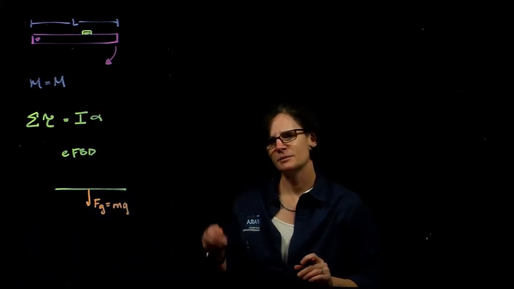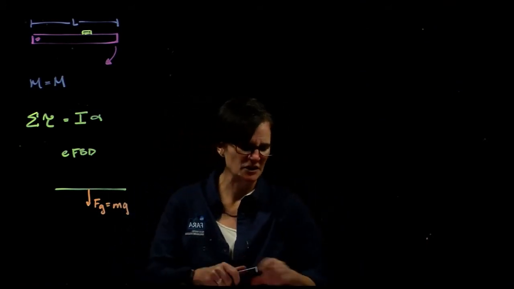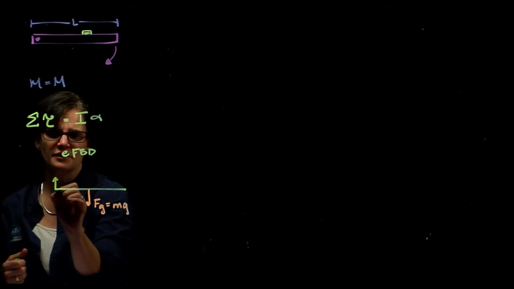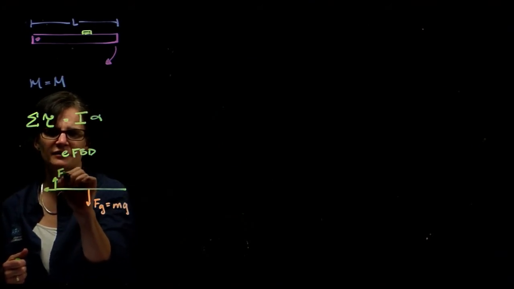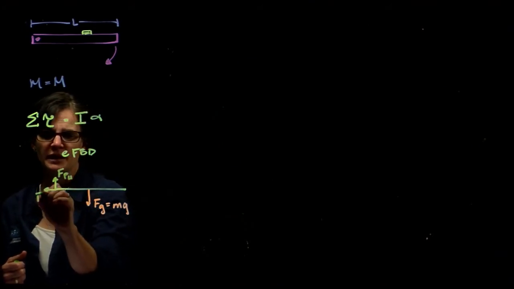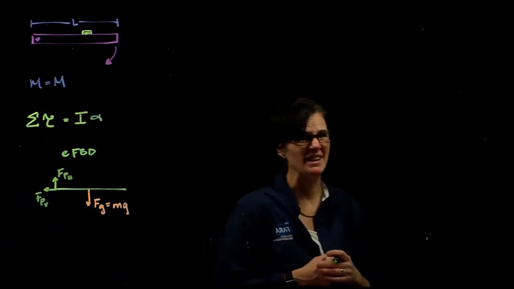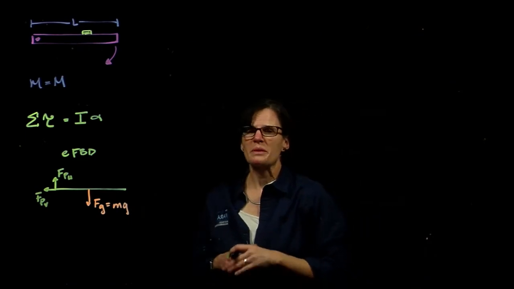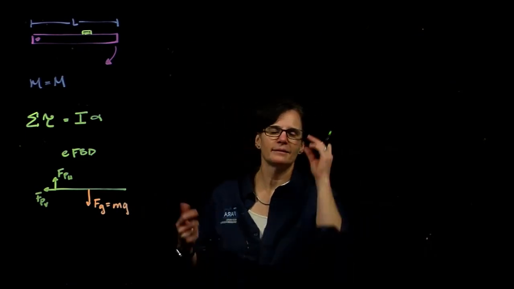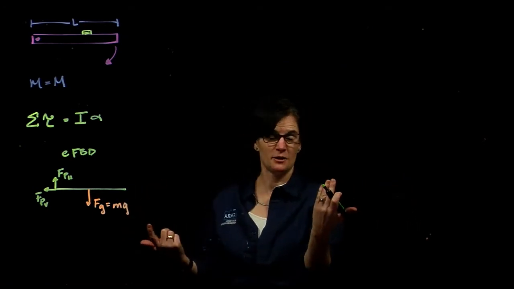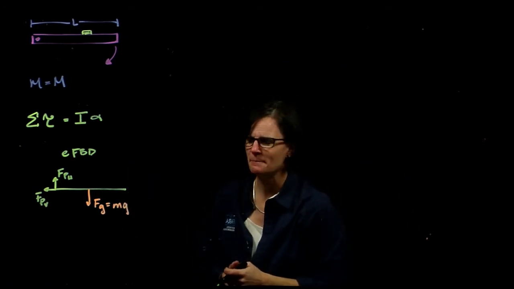Now it's being held in place by a pin, which we typically represent as having both a horizontal and a vertical component. It may not have those components, but I always like to put them in, and then if I solve for those components and find zero, so be it, or it's in the other direction, so be it.